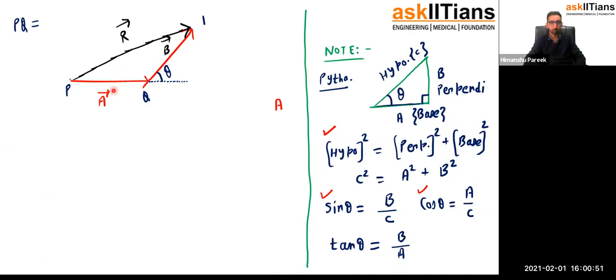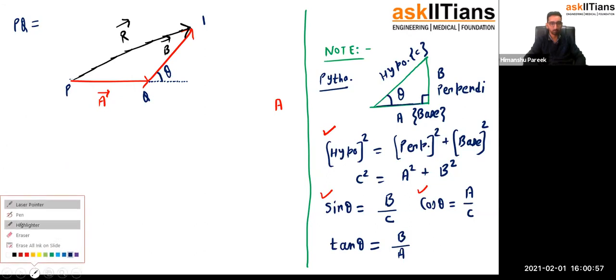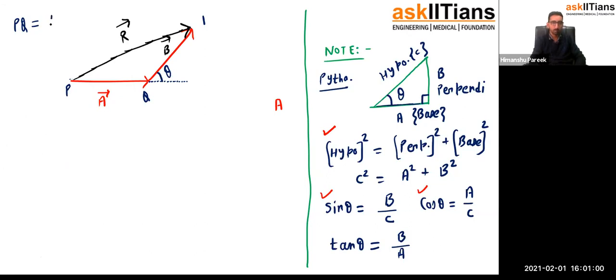This PQ is A, the length of the vector A. What is QT? QT is equal to B. What is PT? PT is equal to R, the lengths of those vectors.